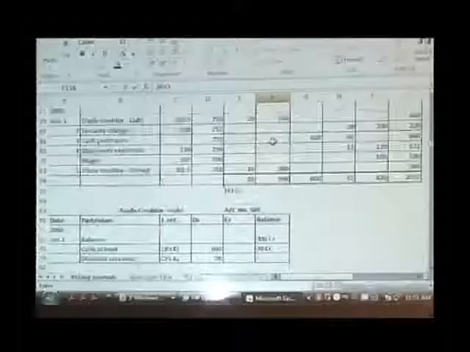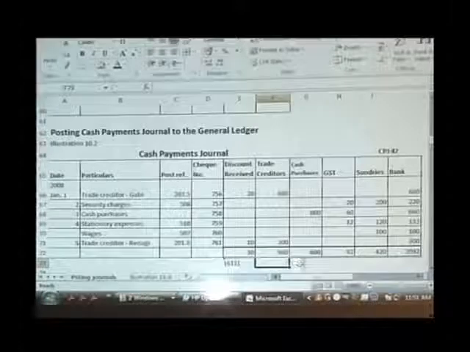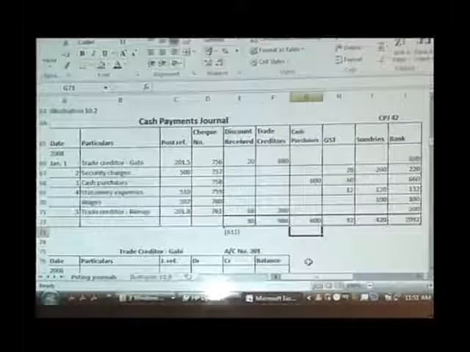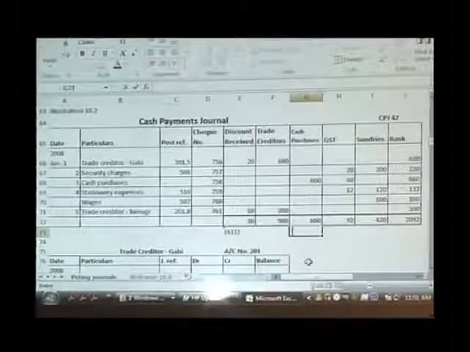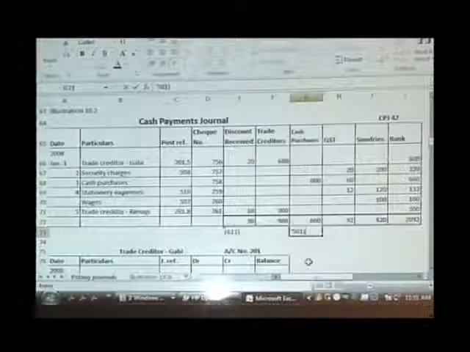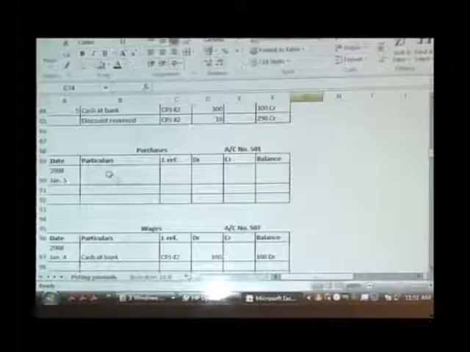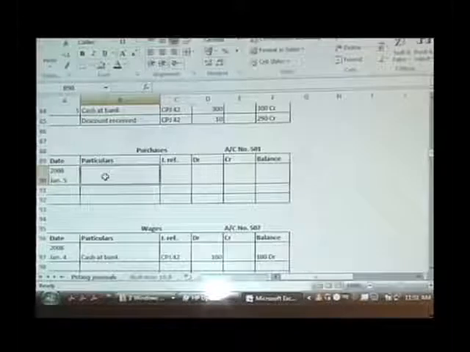Next, trade creditors column already posted. Cash purchases, yes. Find the account number, 501. 501 purchases here, date 5th January.